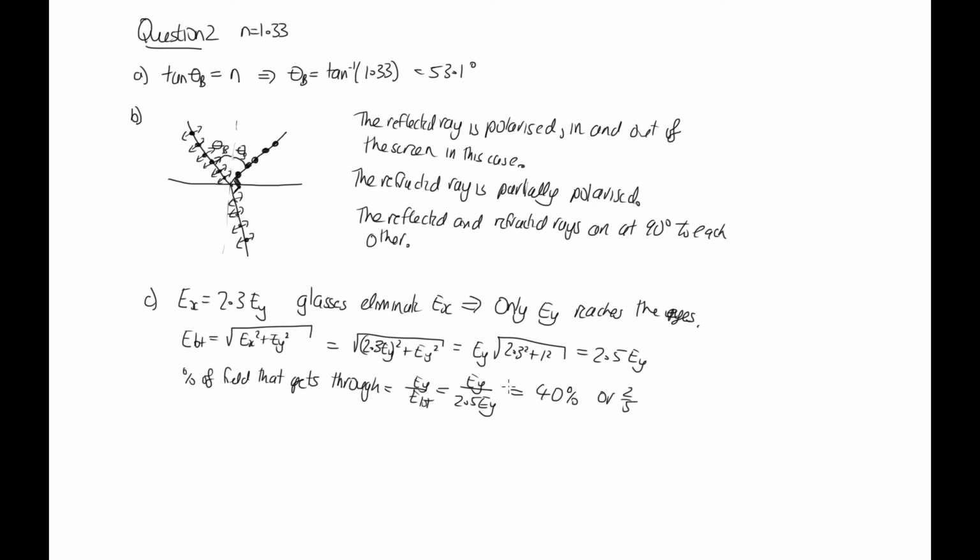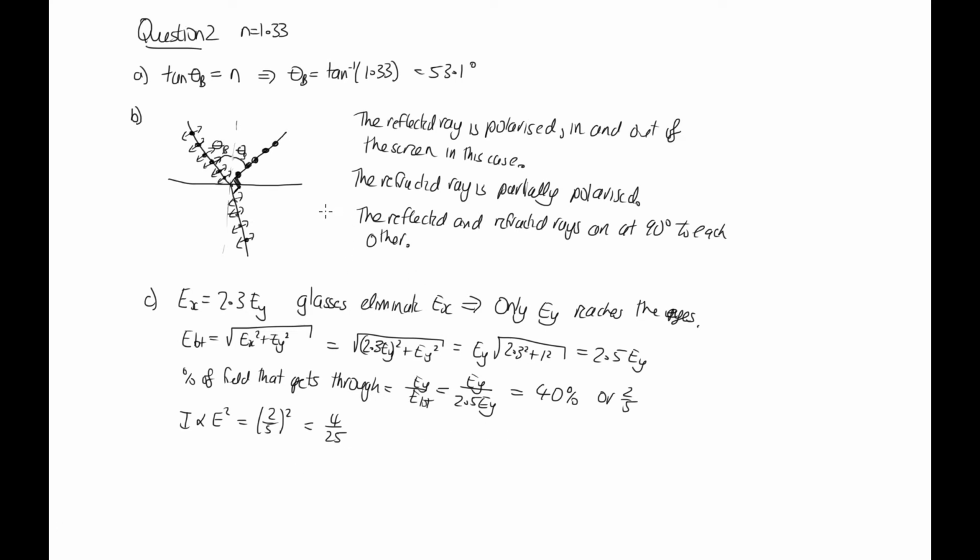But we weren't asked for the fraction of the electric field. What we were asked for was the fraction of the light intensity. So intensity is proportional to the electric field squared. So in this case, it's 2/5 squared of the light which gets through, which is 4 on 25. So that's the fraction of the intensity that gets through.